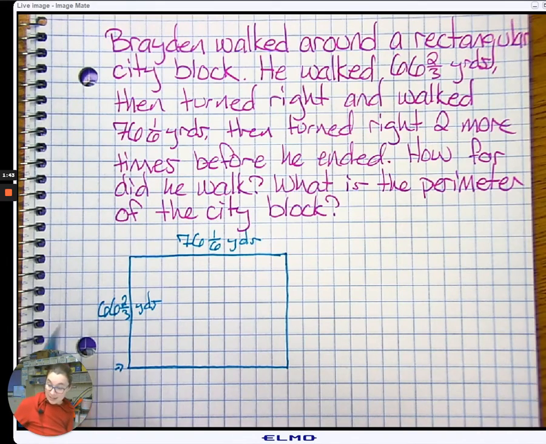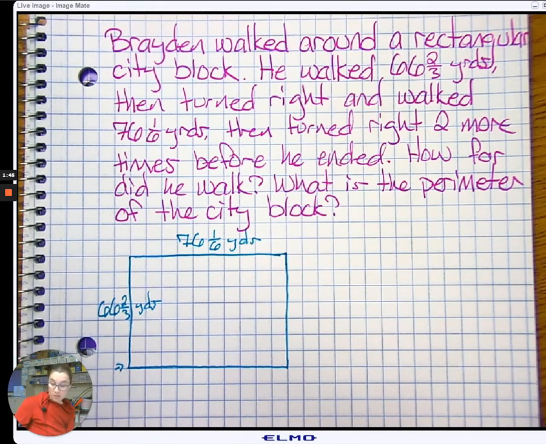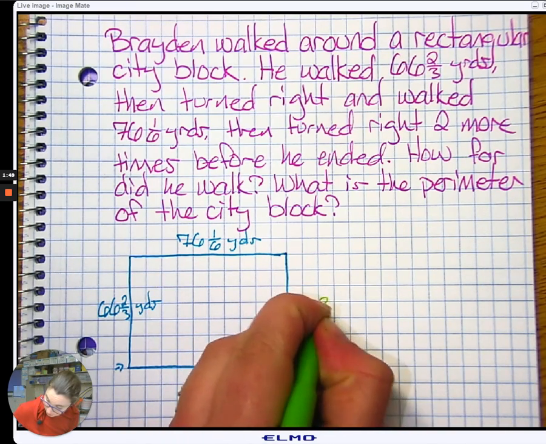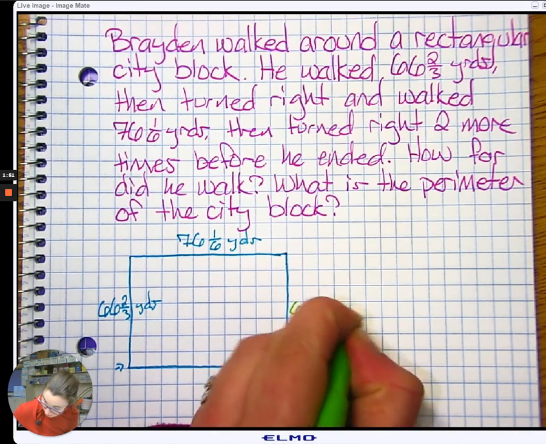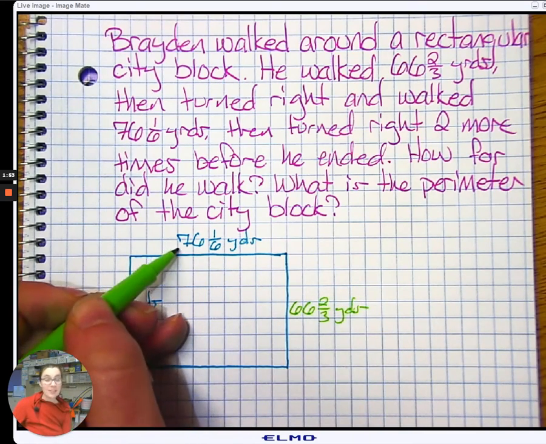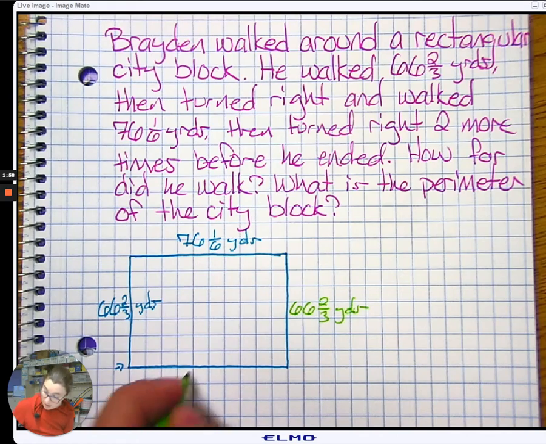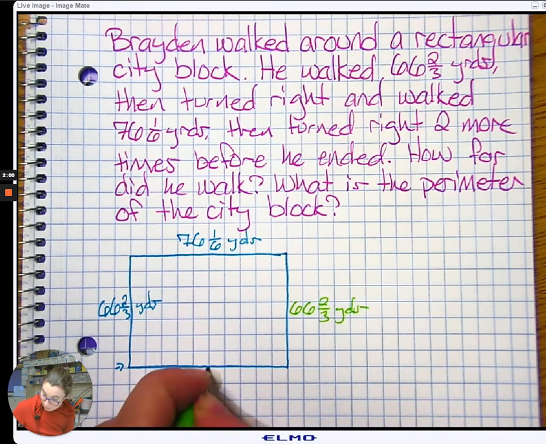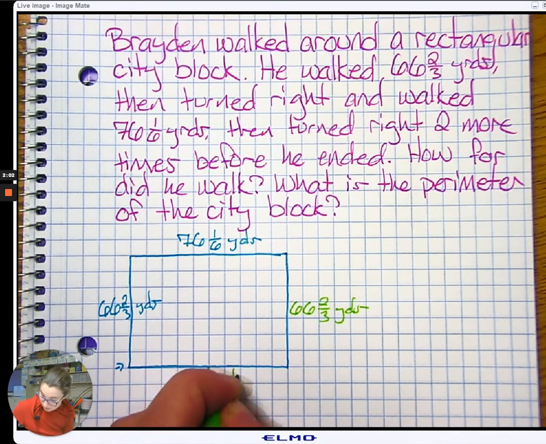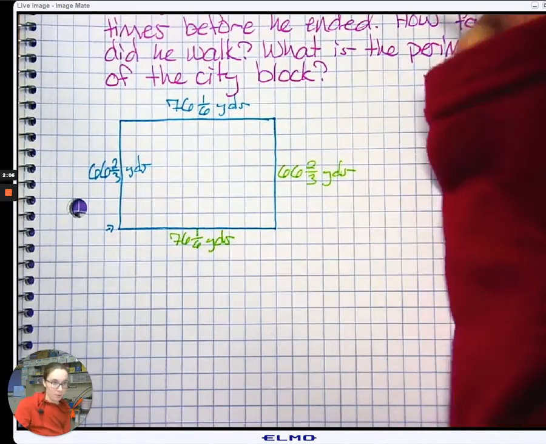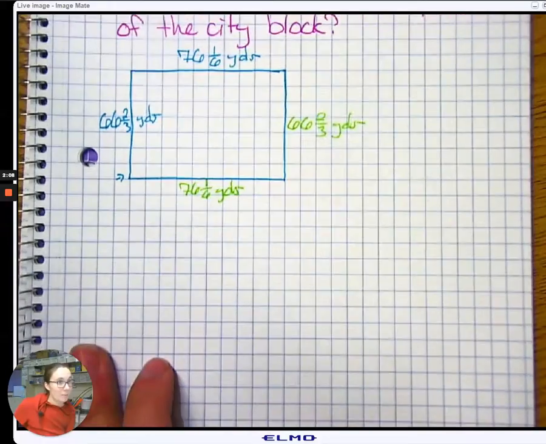So if this side is 66 2/3 yards, then this side over here is also 66 2/3 yards. And if this side up here is 76 1/6 yards, then this side down here is also 76 1/6 yards. So, to find the perimeter of any shape, I need to add up all the sides.